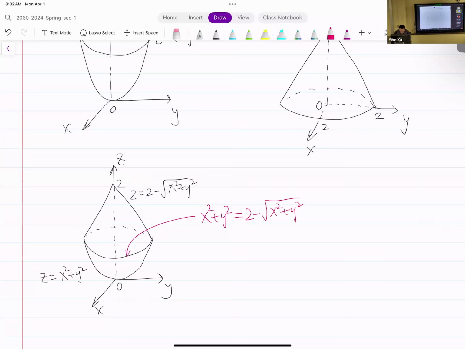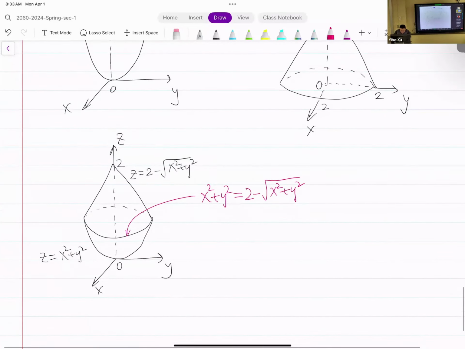Actually, if you look at this, this is a quadratic equation in terms of the radical. So this is something we need to solve in order to get the intersection. Once we solve for this, we will be able to identify the projection of this circle on the xy plane. Let me make it a bit larger.